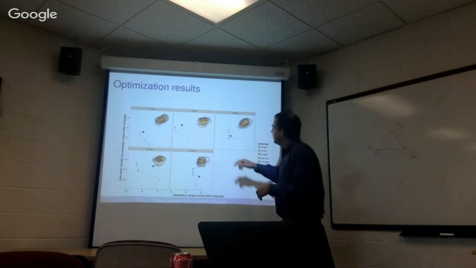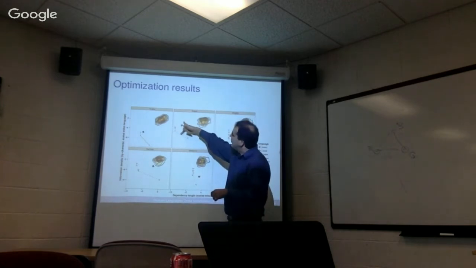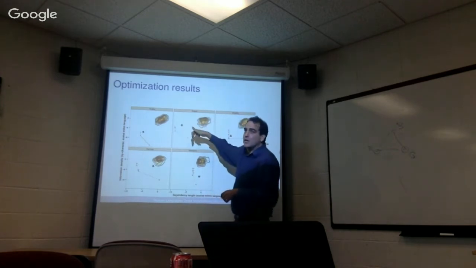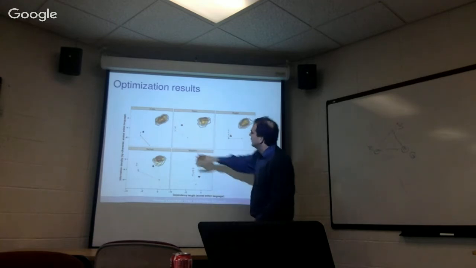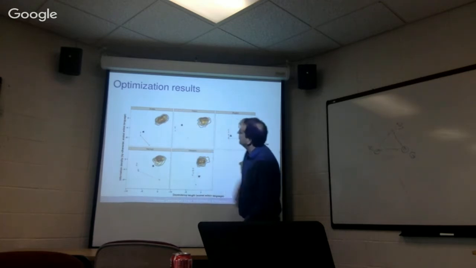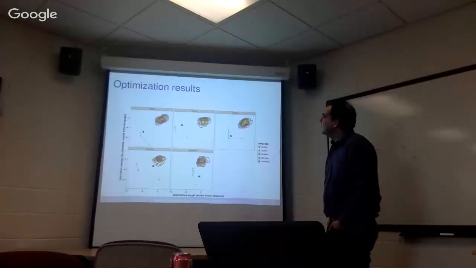Okay, so here we have the random languages, the real language, and the optimized languages that we get by varying alpha. So this is sort of the efficient frontier if you trade off between dependency lengths and information density. How important is it to trade off one or the other?